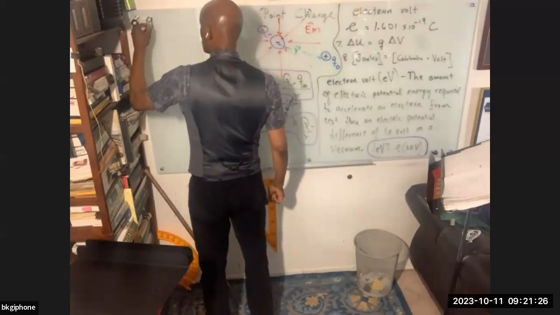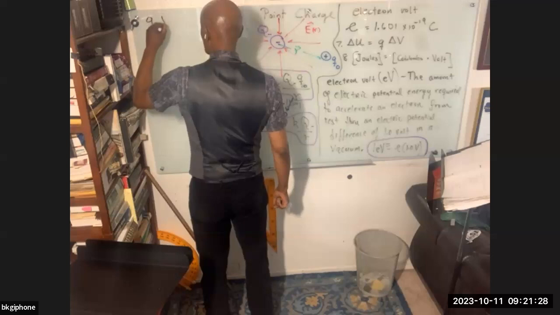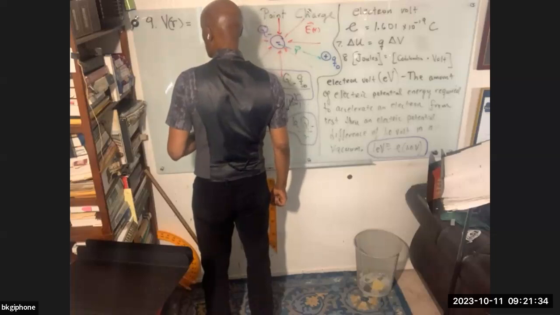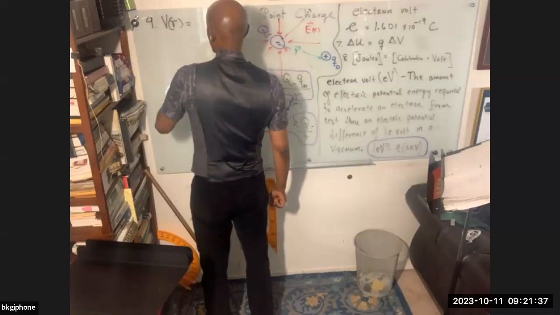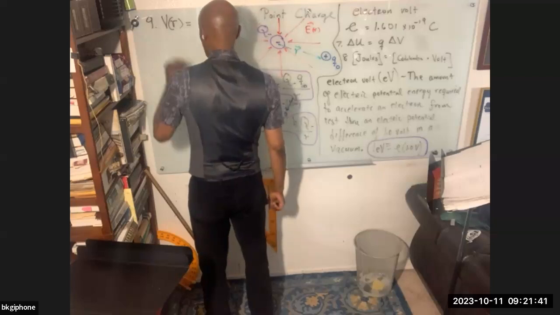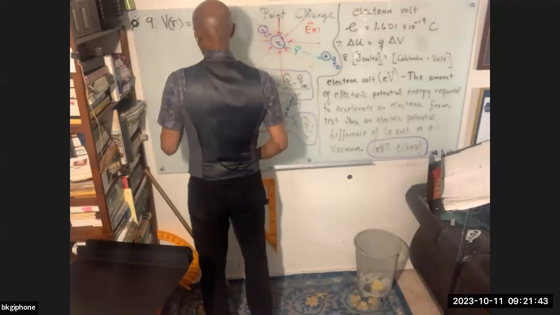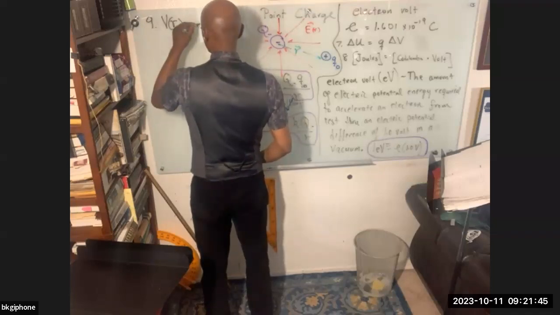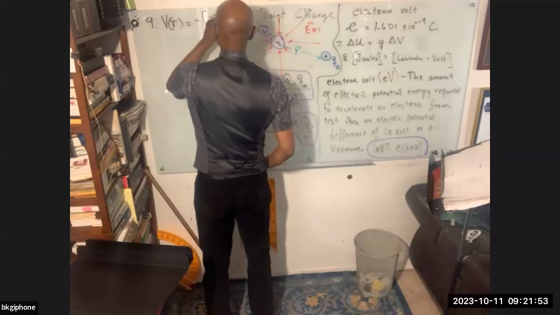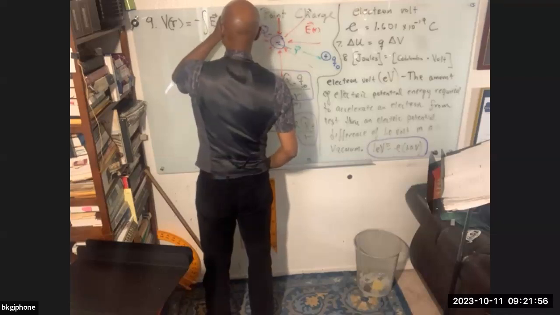We can say that the potential in three dimensions looks more like, well, we know the electric field, so let me just write that down again: V equals minus the integral of E of r dot dr.